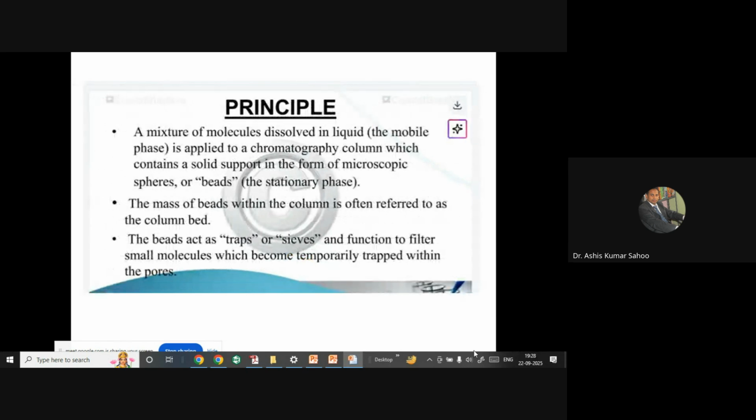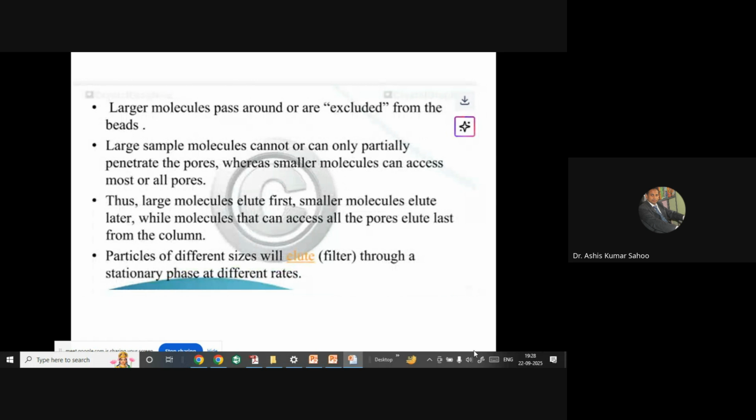So what is the principle? A mixture of molecules dissolved in liquid is applied to a chromatographic column which contains a solid support in the form of microscopic beads. The beads act as a trap and sieve: small molecules become temporarily trapped, while the larger molecules pass around and are excluded from the beads.